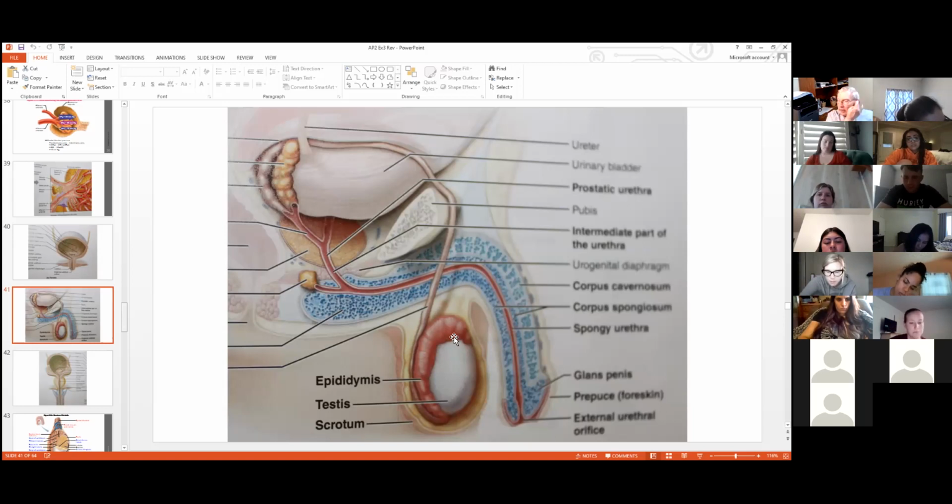There is another version of testosterone called DHT, or dihydrotestosterone. It's just a version of testosterone. Both of those come into play as androgens. They're produced by Leydig cells. Leydig cells secrete the androgens.